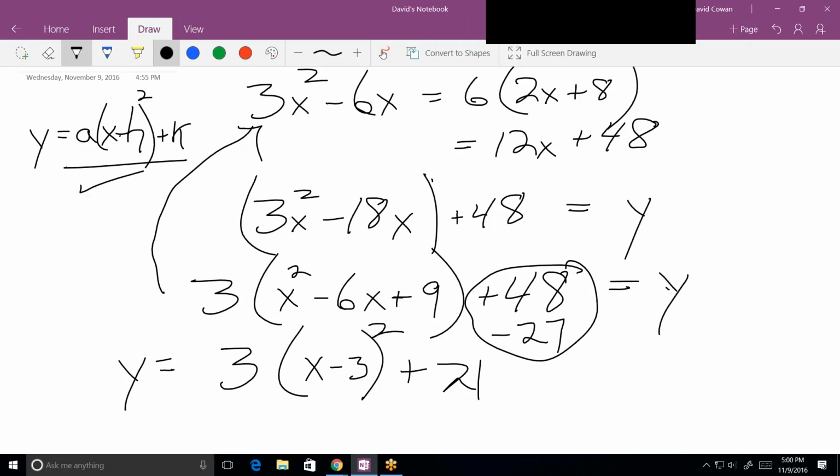I don't want to add numbers to one side or the other without adding them to both sides or balancing them out on one side. By the time I get down to that last step, it's exactly the same as that original equation. The thing is, it's in vertex format now.